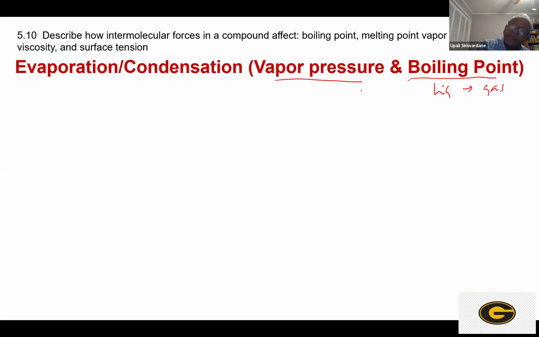Vapor pressure is the pressure on top of the liquid solution, the gaseous pressure. The higher the temperature, the higher the vapor pressure, because of kinetic energy. So we're going to look into this.